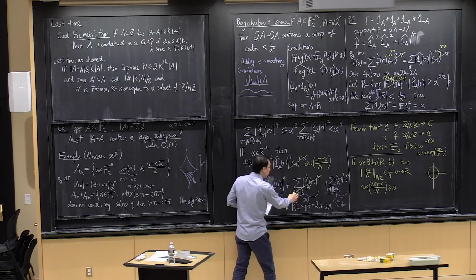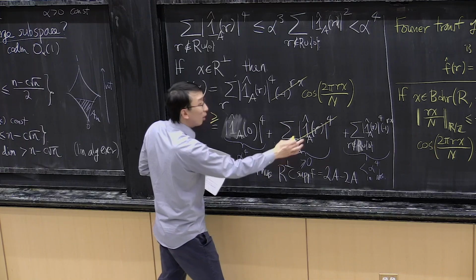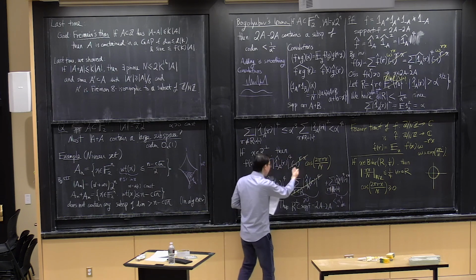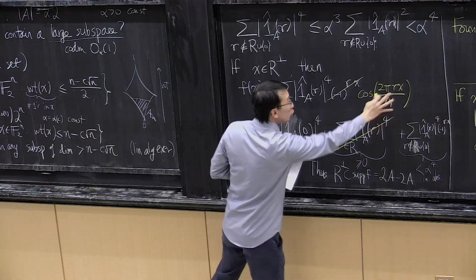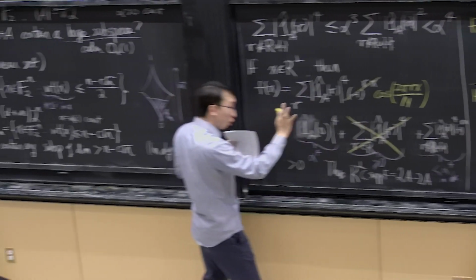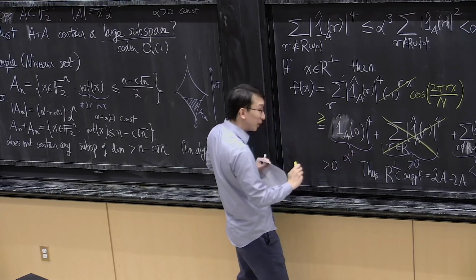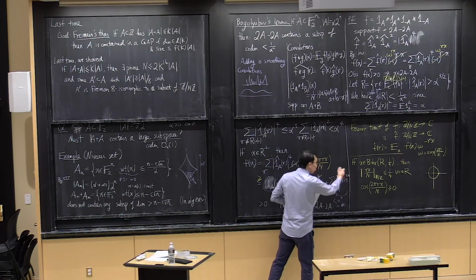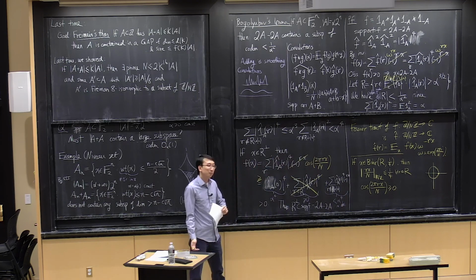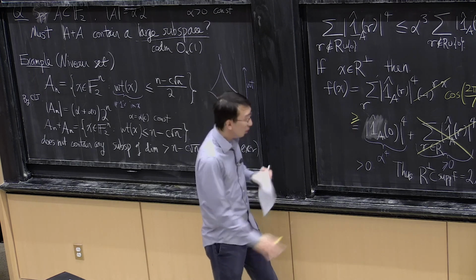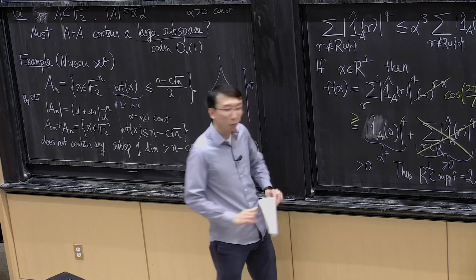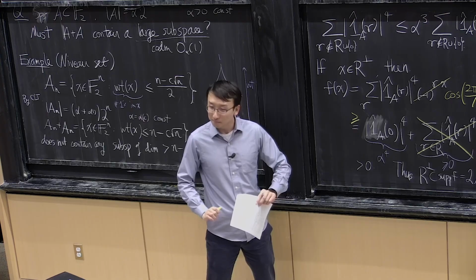All of these terms, the terms that correspond to little r and big R, have non-negative contribution. So if I cross out this term, all I'm left with is the main term corresponding to the density and the error terms, the minor terms, which is less than alpha to the fourth in absolute value. And so it's positive. So basically the same proof. Once you make the appropriate modifications, it's the same proof in Z mod n.